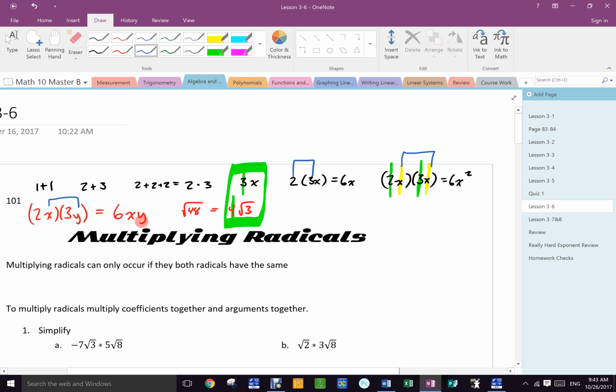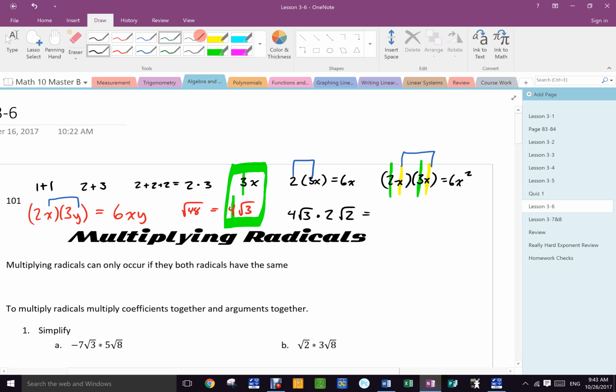So what is the logical assumption for you to make if I gave you this? 4 root 3 times 2 root 2. Without being taught, knowing everything you know, which is to here, what logically is this answer?